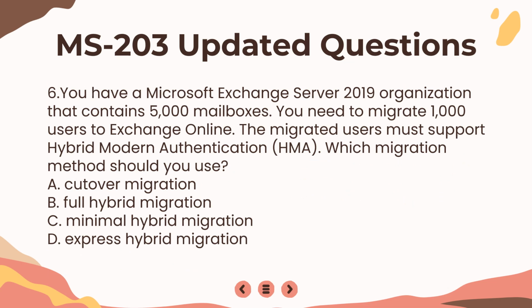6. You have a Microsoft Exchange Server 2019 organization that contains 5,000 mailboxes. You need to migrate 1,000 users to Exchange Online. The migrated users must support Hybrid Modern Authentication (HMA). Which migration method should you use?